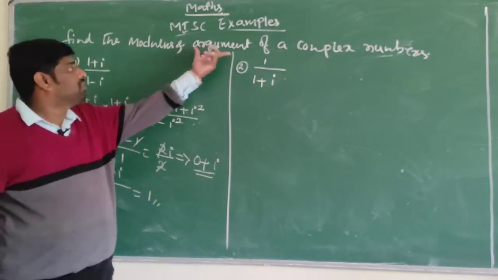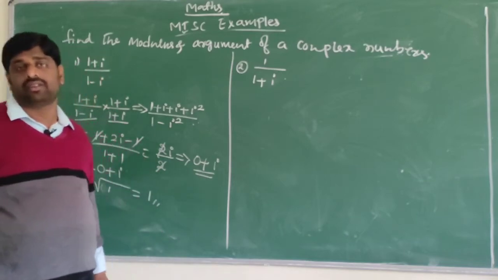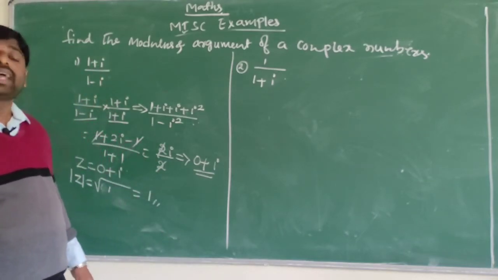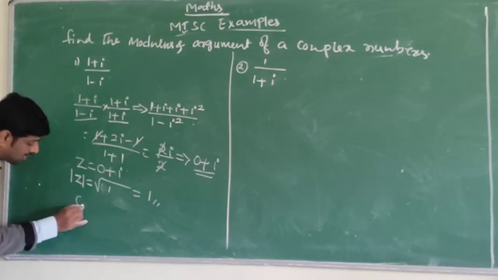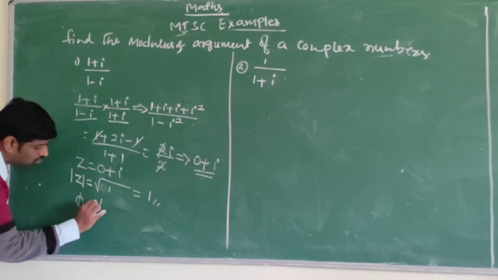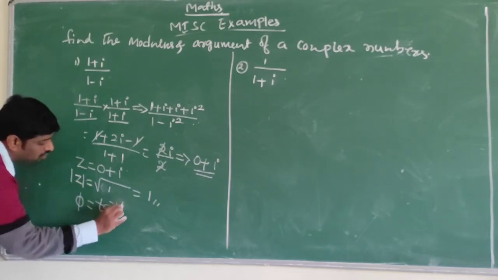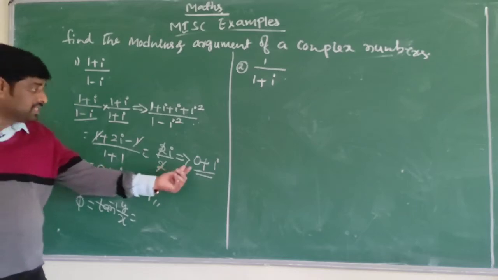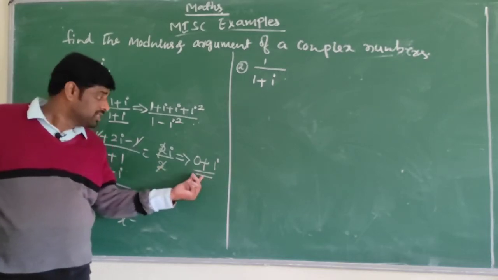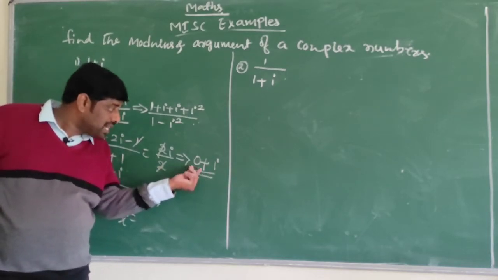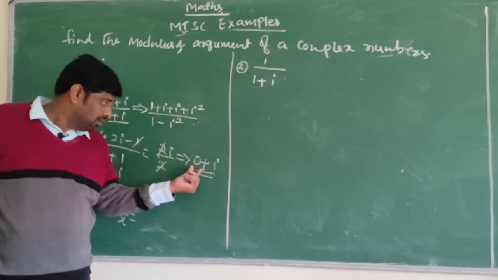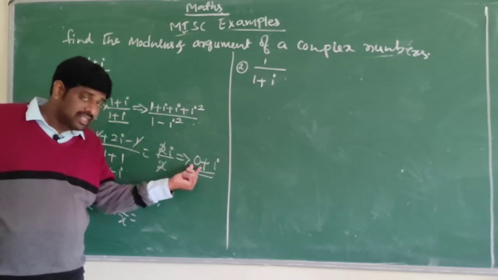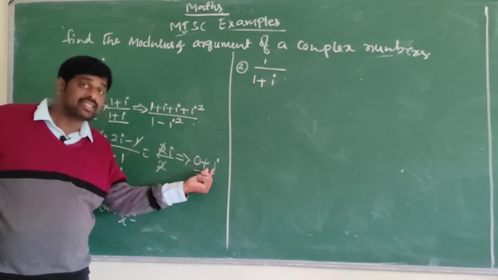And for the argument, we have one formula: theta is equal to tan inverse of y by x. So here 0 plus i is a form of x plus iy. x is 0, y value is 1.